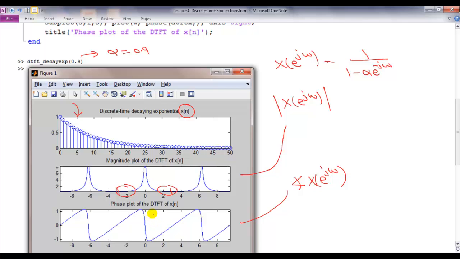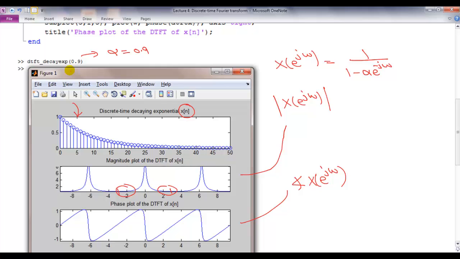Okay. Now this plot is a function of your alpha. So what's going to happen if my alpha is very close to 1? My signal is going to 0 very slowly. Intuitively, the closer alpha is to 1, the more slowly my signal is changing. If my signal is changing slowly, then intuitively it should have fewer high frequencies.